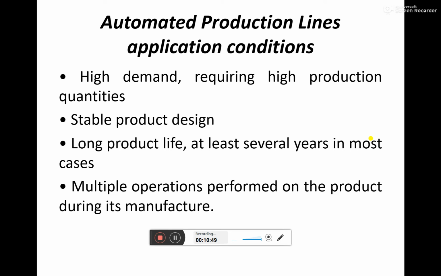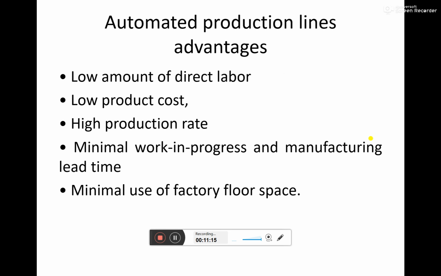And the repeatability of these automated production lines will be very high. So those cases will be very useful, where in multiple operations these automated production lines will deliver the product with good accuracy and a higher amount of repeatability. That's why we can suggest these automated production lines.